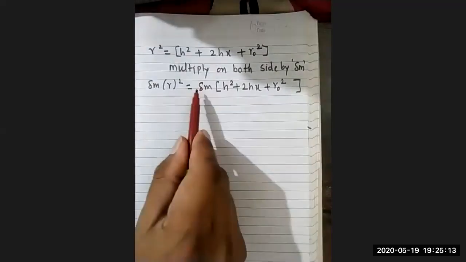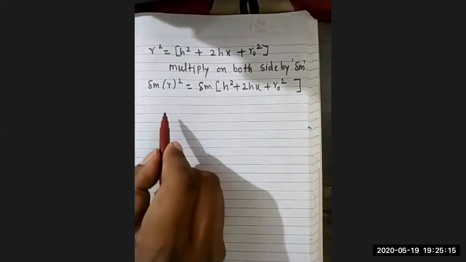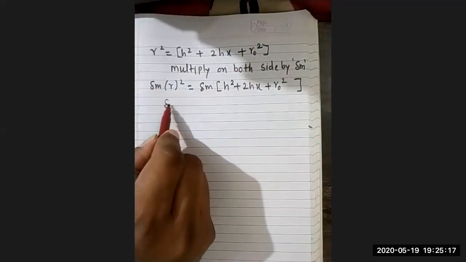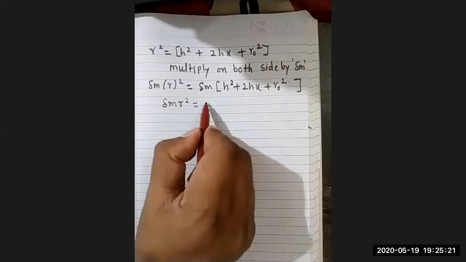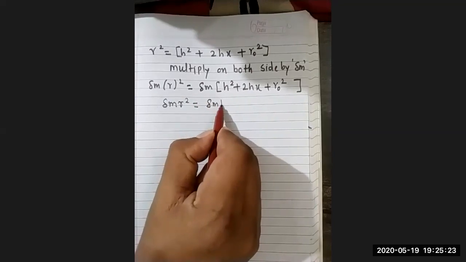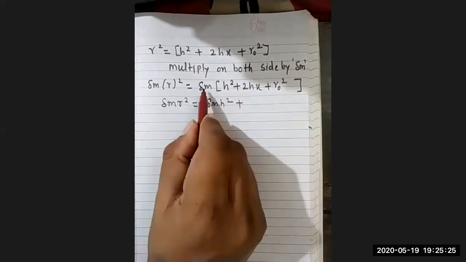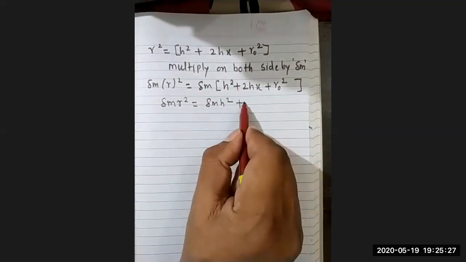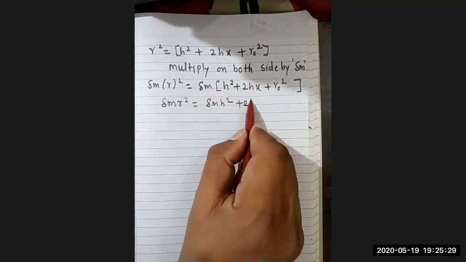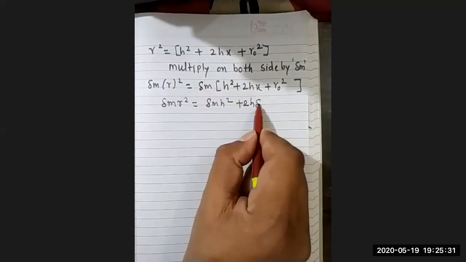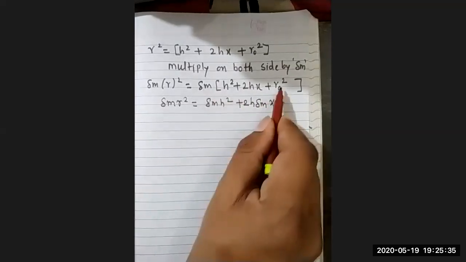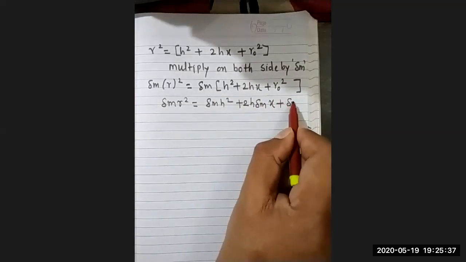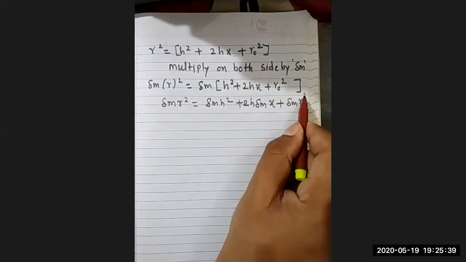So by multiplying delta M inside, delta M R square will be equal to delta M H square, plus delta M gets multiplied inside also, twice delta M H X, plus delta M R0 square.